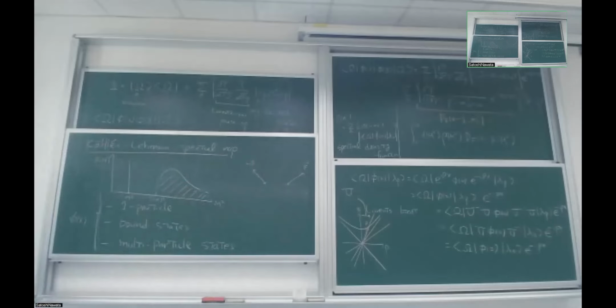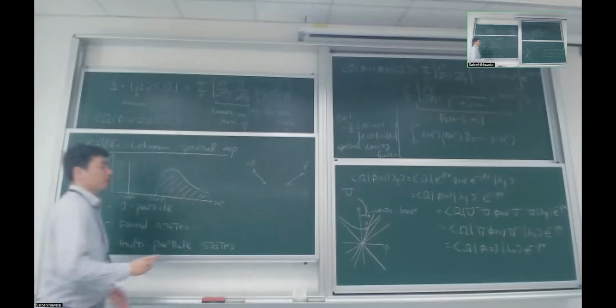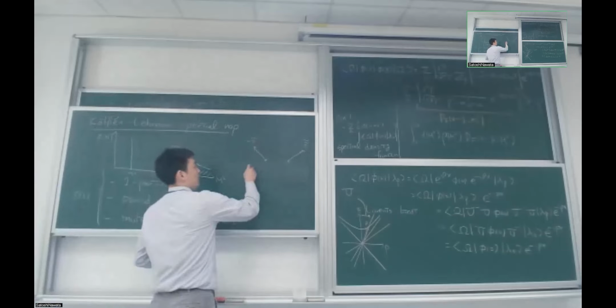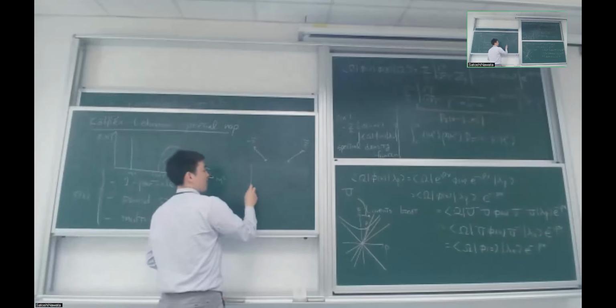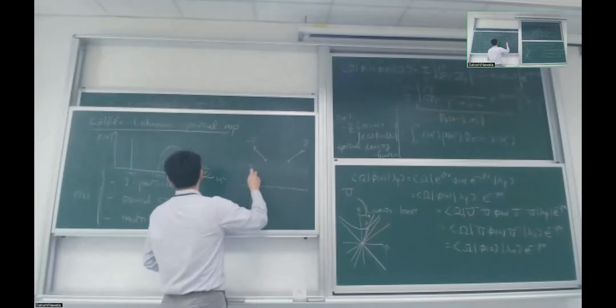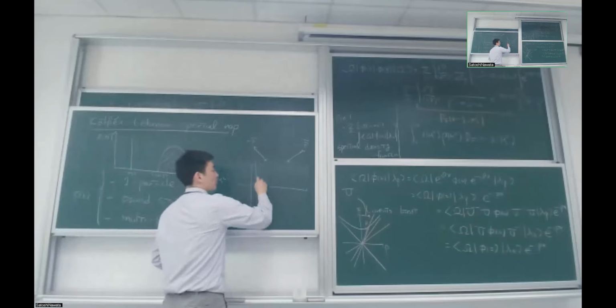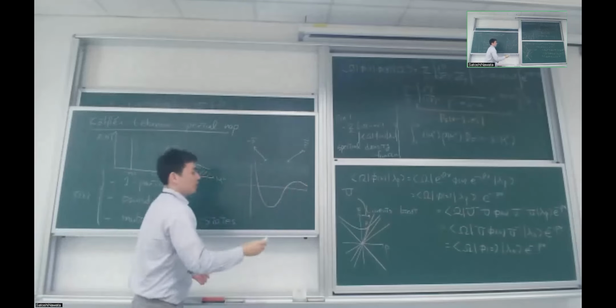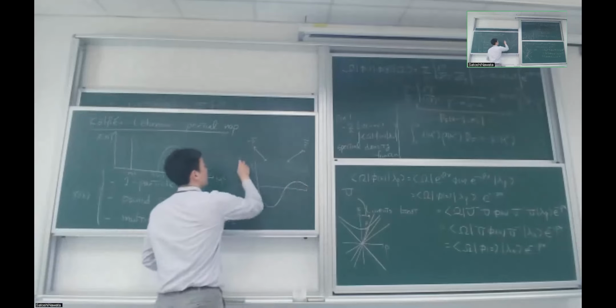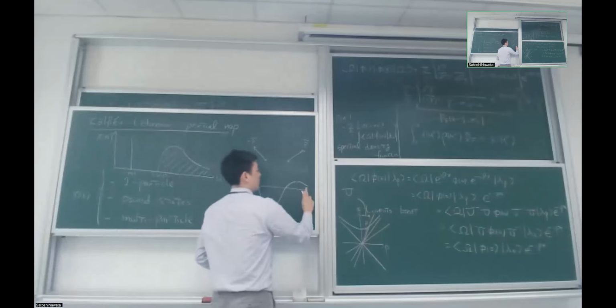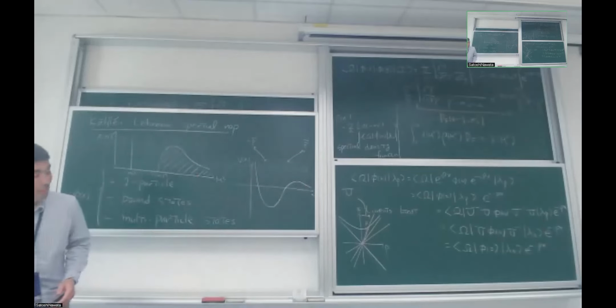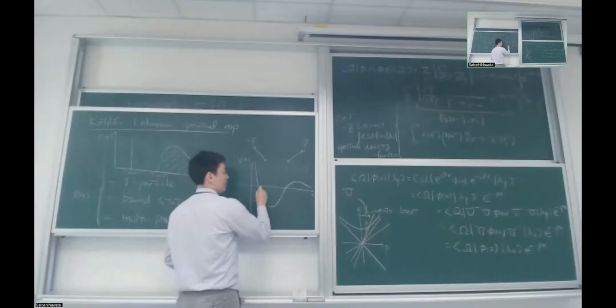And as you recall, a bound state is something like this. If you have a potential interaction theory, one can put the potential here, and the bound state is something like this one.